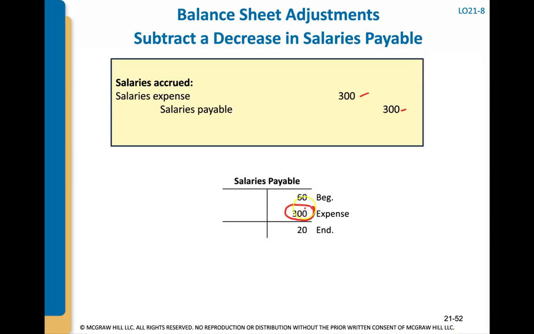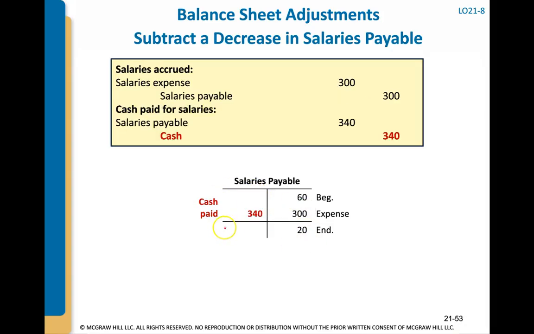Now, when I look at this, it doesn't balance. If I take 60 plus 300, that does not equal 20. So obviously we had a debit going on here that we need to plug, which is equal to the salaries paid in cash. The way we get a debit to our salaries payable is we would have had to debit salaries payable for 340 and the credit must have gone to cash.